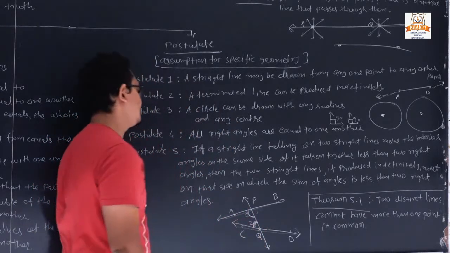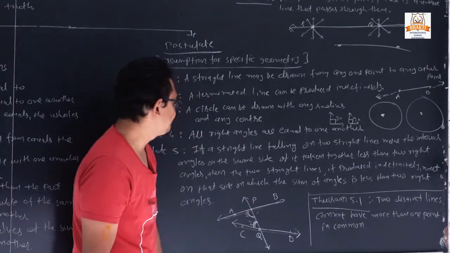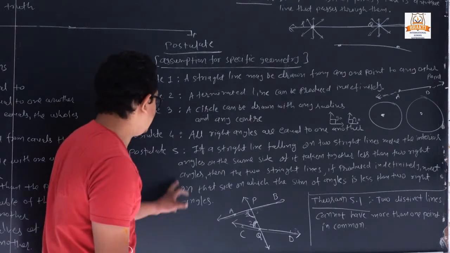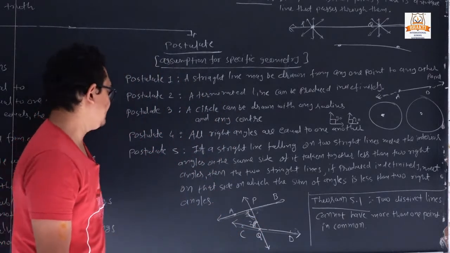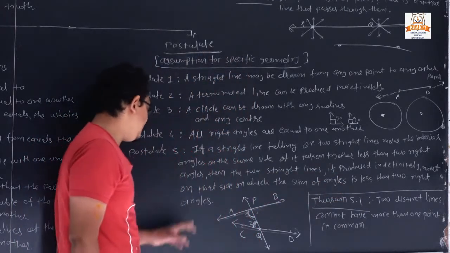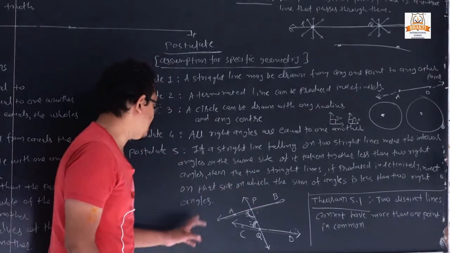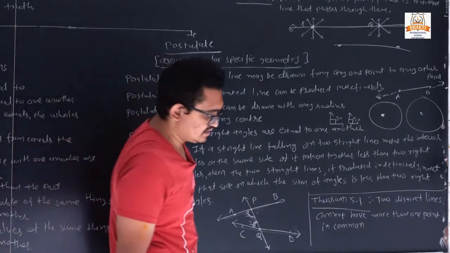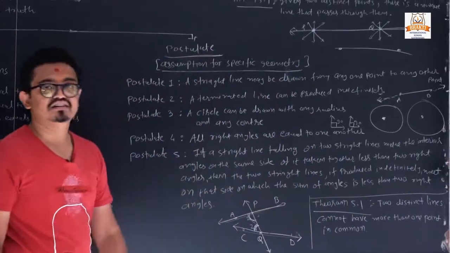These two on the same side, the left hand side, taken together are less than 2 right angles. So these both angles are together less than 2 right angles. Then the 2 straight lines, if produced infinitely, meet on that side on which the sum of the angles is less than 2 right angles. It means the sum of these 2 angles is less than 2 right angles. So it is our postulate number 5.